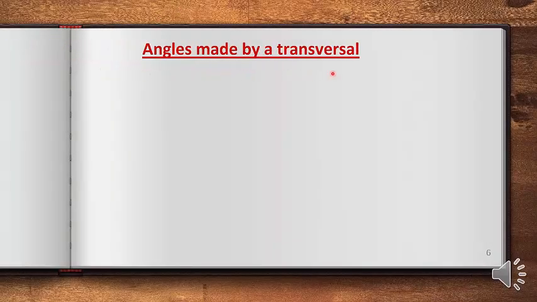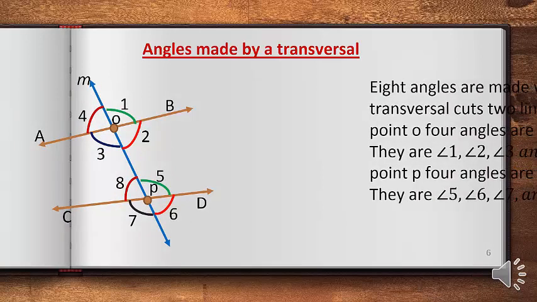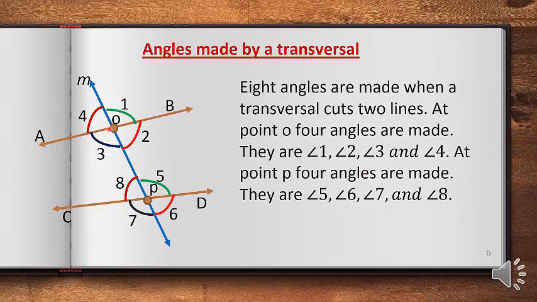Now we are going to study about angles made by a transversal. Children, see the figure here. We have line AB and line CD which is cut by the transversal M at two different points, that is point O and point P. Now we will see the angles formed around point O. When a transversal intersects line AB at point O, 4 angles are formed, that is angle 1, angle 2, angle 3 and angle 4.